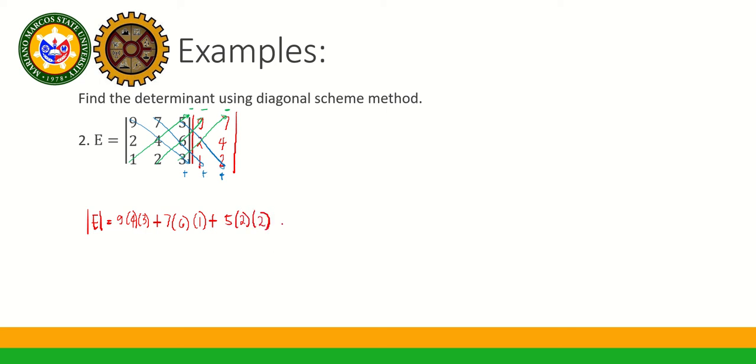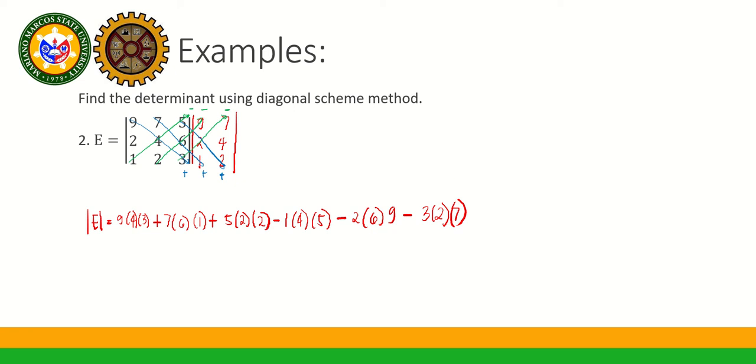Tapos si negative naman. So this will be equal to negative 5, 4. Okay, unahin na lang natin sa baba para hindi nakakalito. So 1 times 4 times 5 and then minus 2, 6, 9. Yan. And then yung huli naman is negative 3, 2, and then 7.